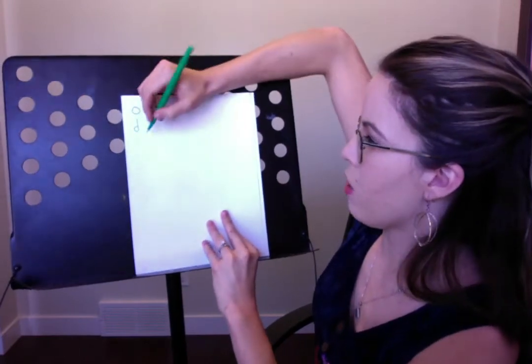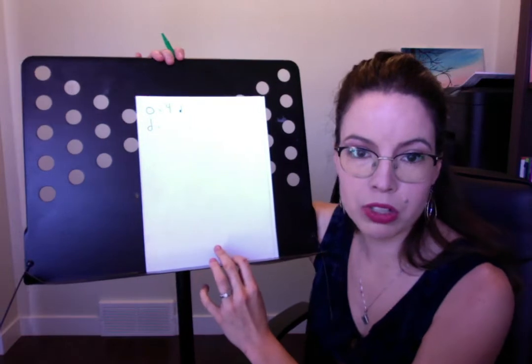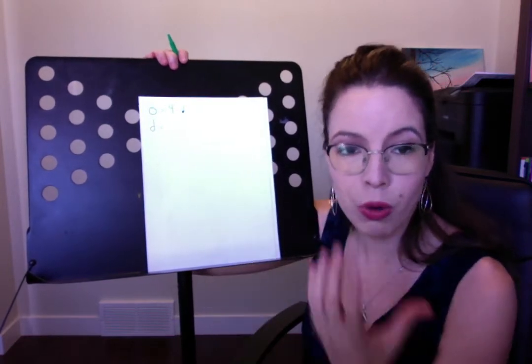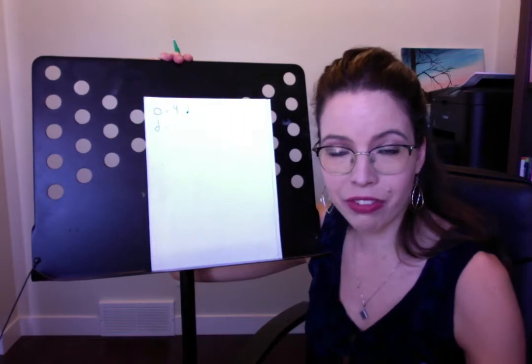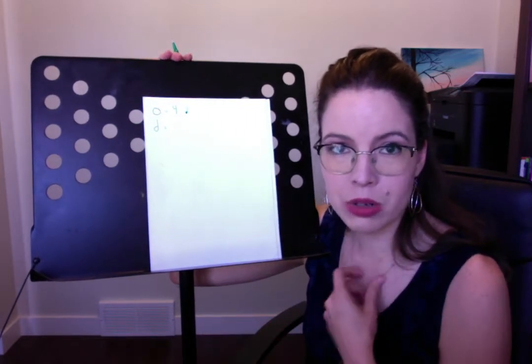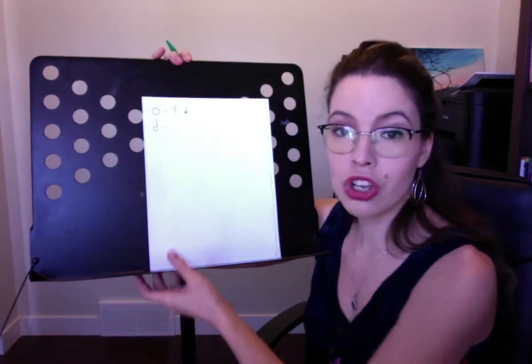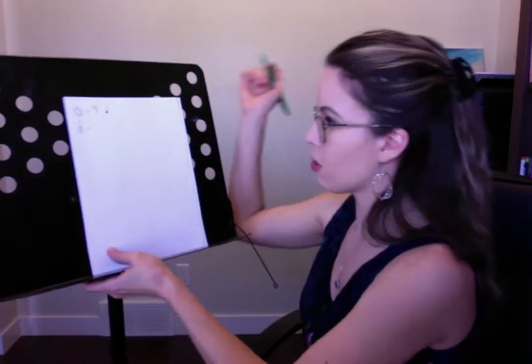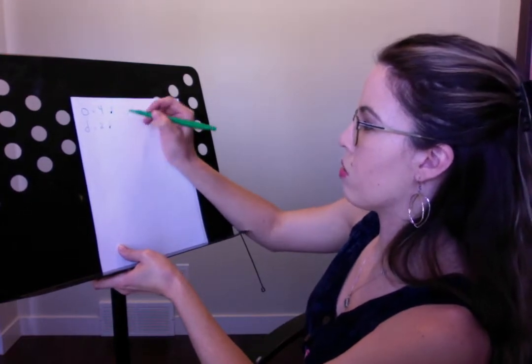All right, and how many beats or quarter notes goes in a half note? If the whole note has 4 and this is half, how many beats goes in the half note? 2. You're right. We have 2 beats or 2 tas, 2 quarter notes in there.